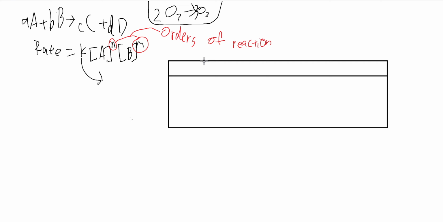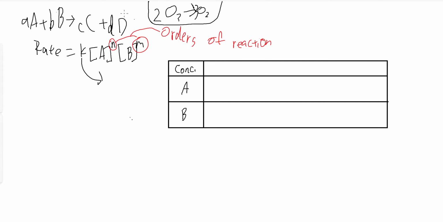So let's make this our A and B. Concentration A and B. And then these columns will be the rate.